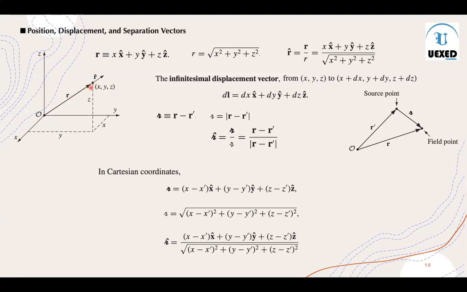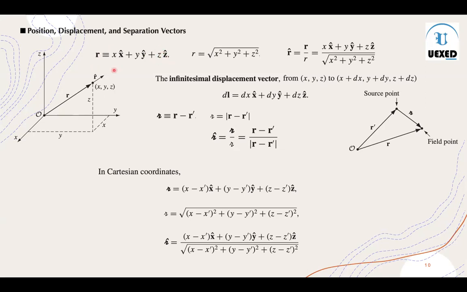In vector form, you can define this r vector as x, written in italic, times x cap, the unit vector in the direction of the x-axis. Then you add the y-axis similarly: plus y times the unit vector in the y direction, and similarly you add the z direction.